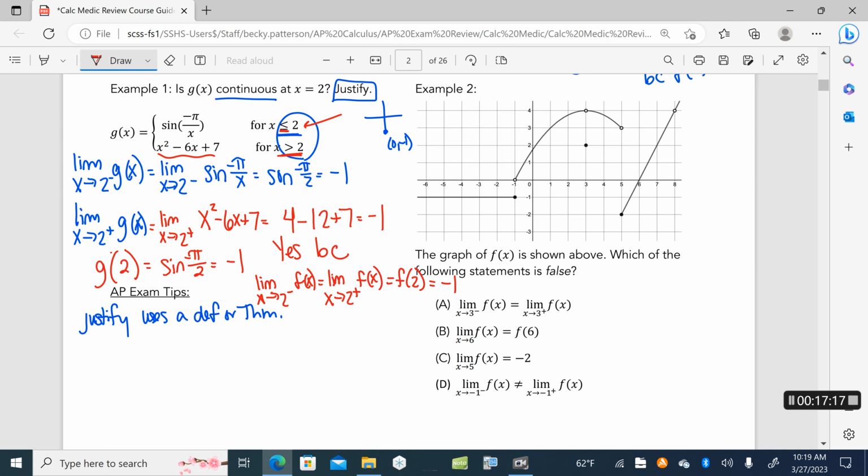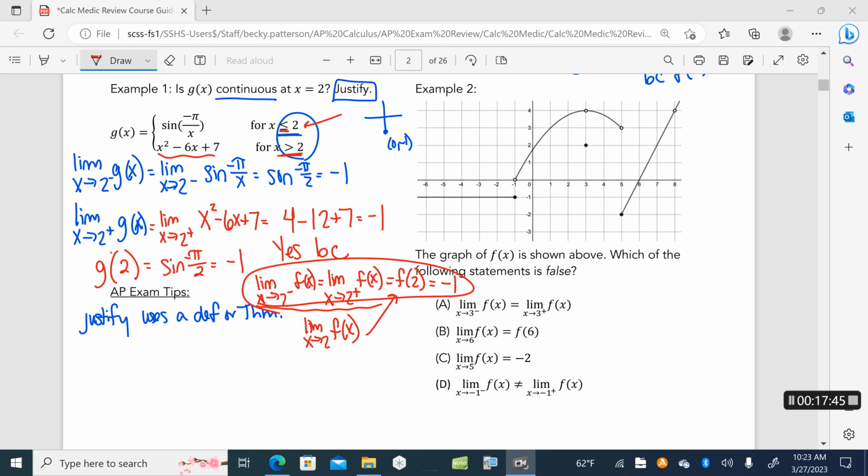So this is sort of a one-stop shop for both sides. I'm saying that from the right and from the left it exists, therefore the limit exists, and that this also equals the function at that value. Therefore, this function is continuous. So this is my justification.